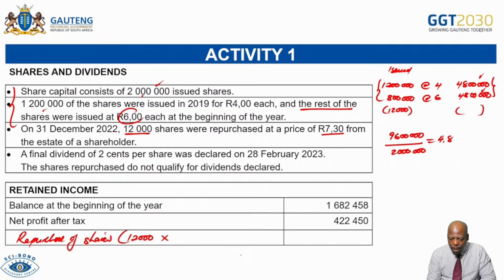So if I am to do that triangle, I know that my ordinary share capital is here, that is 4.80. And I know that the repurchase price, the total, that is my 7.30 Rand, which goes to the cash flow statement, is over there. So the amount above, or the difference, comes here.